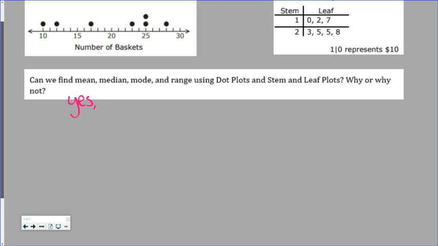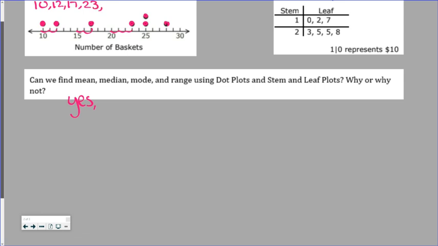If we look at our dot plot, each of these dots represents some piece of information, some piece of data. So if we look at our first one, we have 10, 11, 12, 15, 16, 17, 23.